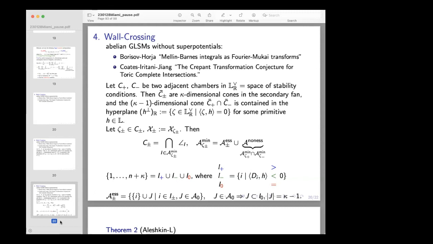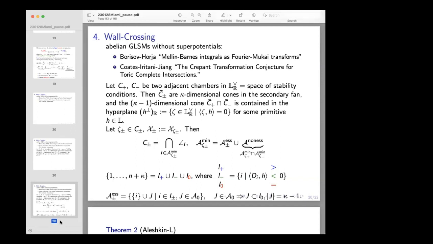They just require two toric Deligne-Mumford stacks related by a Kreppen transformation, given by crossing one wall.